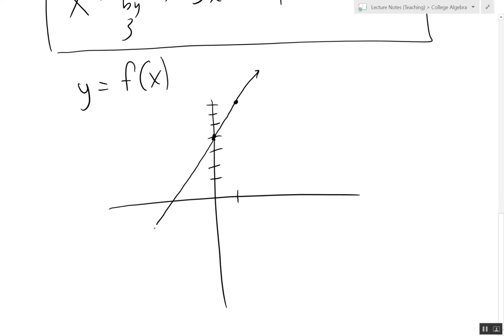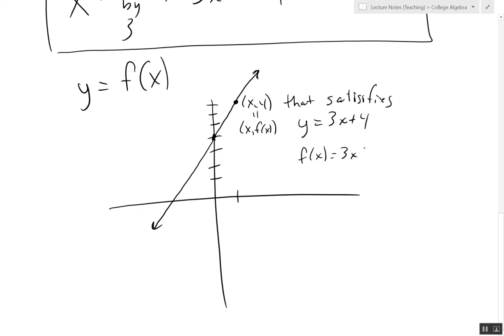And so every point in this graph is some point (x, y) that satisfies y equals 3x plus 4. But we can also think of these as points (x, f of x), and we just write f of x equals 3x plus 4.